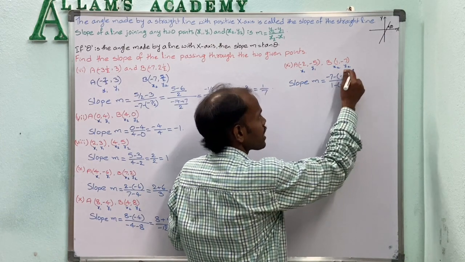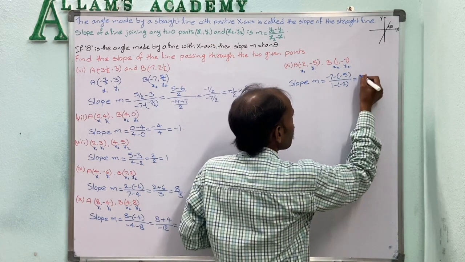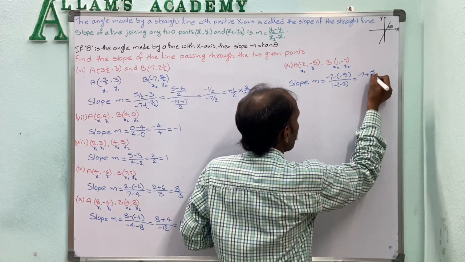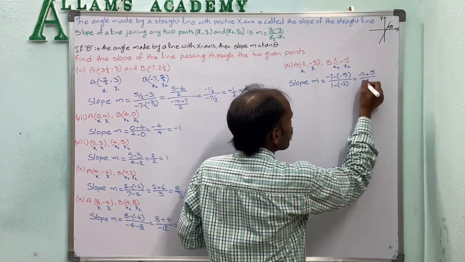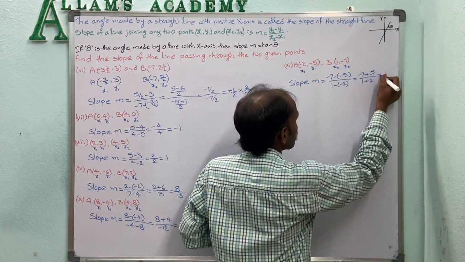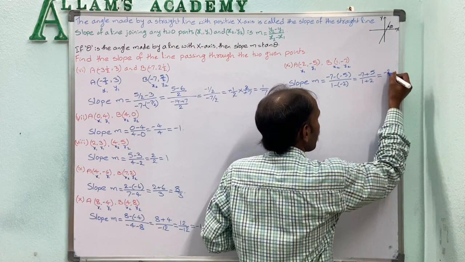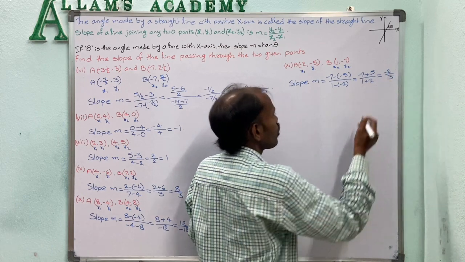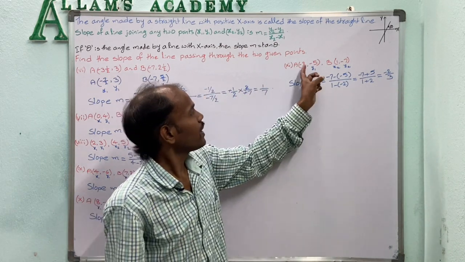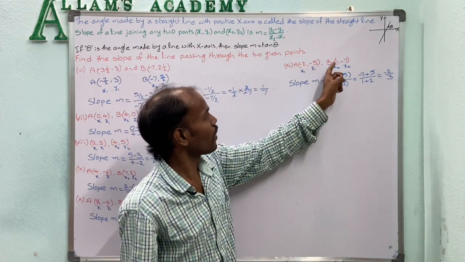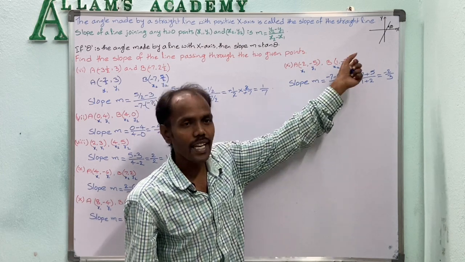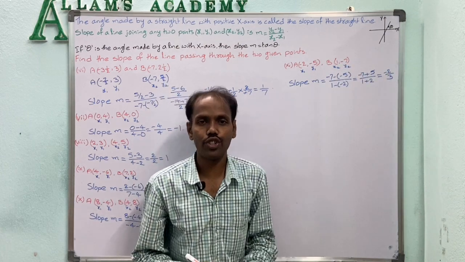So minus minus 5 is plus 5. So minus 7 plus 5 by 1 minus minus 2 is plus 2. So 1 plus 2. Minus 7 plus 5 is equal to minus 2 and 1 plus 2 equal to 3. So the slope of the line joining the points minus 2, minus 5 and 1, minus 7 is minus 2 by 3.